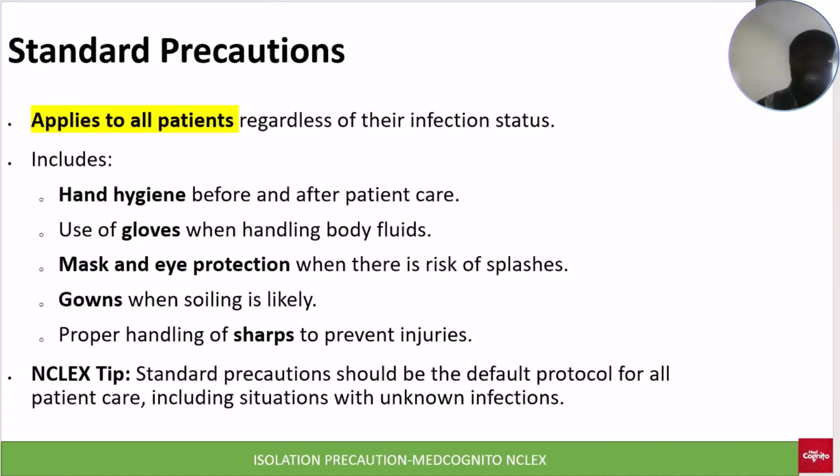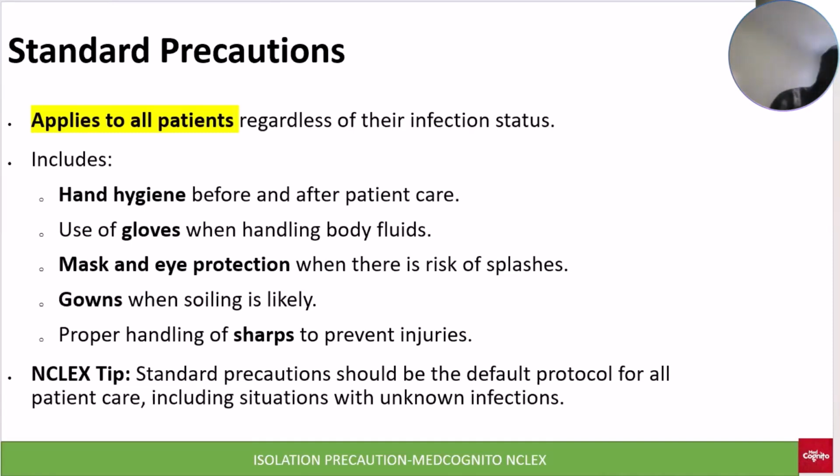So that is another standard precaution you want to know. Number four, the use of gowns when it is likely that you can be soiled. So we've learned hand hygiene, the use of gloves when handling body fluids, mask and eye protection, gowns when soiling is likely to occur, and proper handling of sharps to prevent injuries.